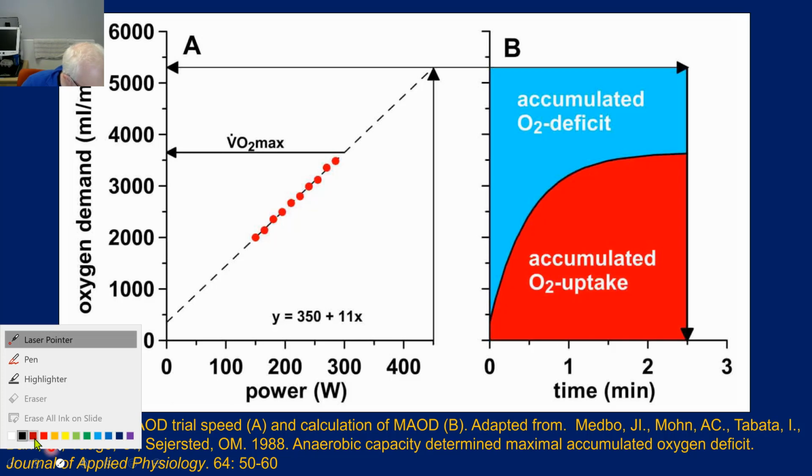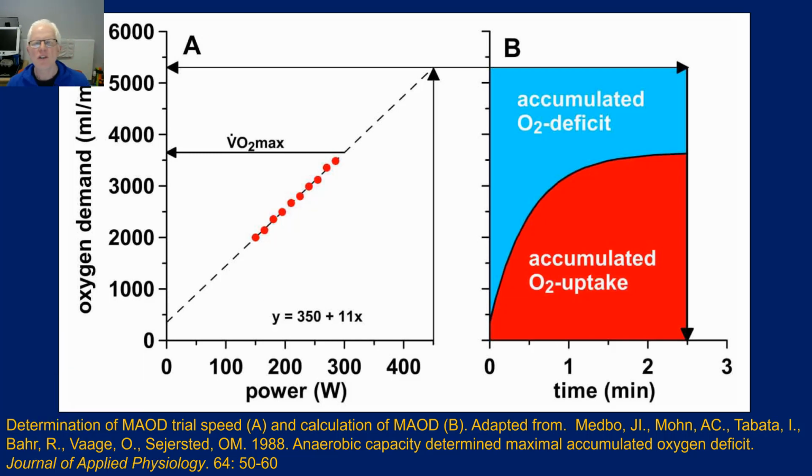So if it was 110% VO2 max, what would happen is this. Instead of having the line at the top of the graph, we said about 5,500, 110% VO2 max is probably in the region, let's say it's around about here.